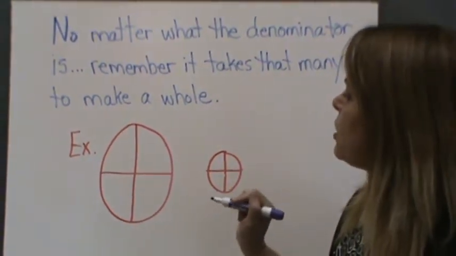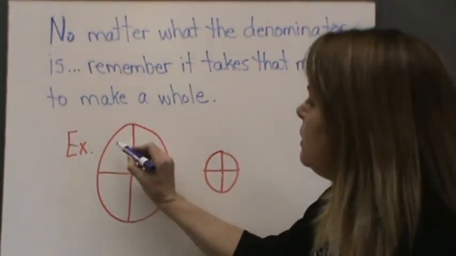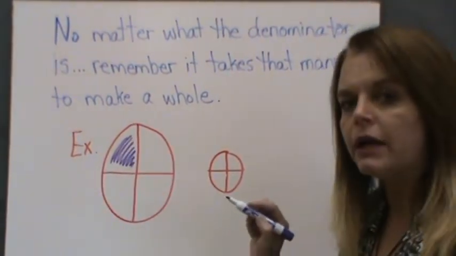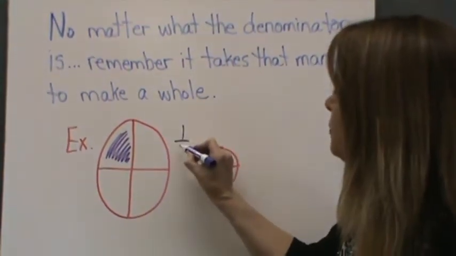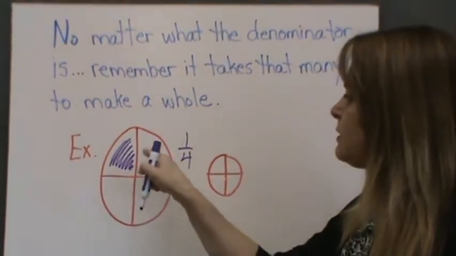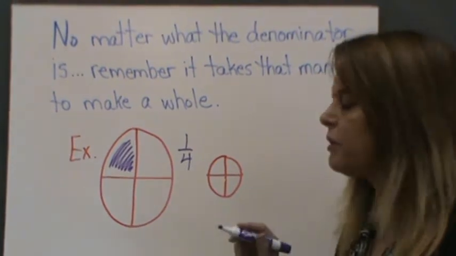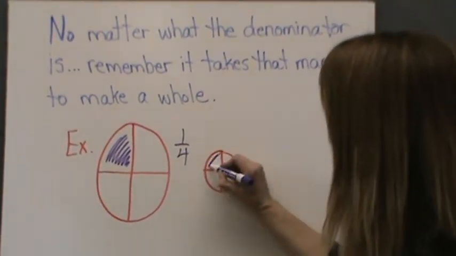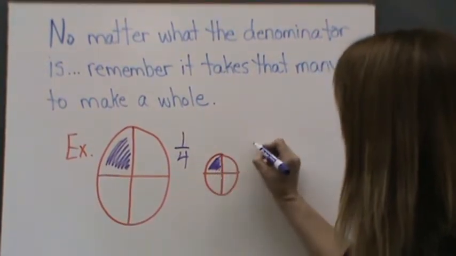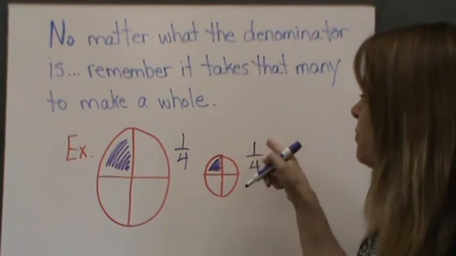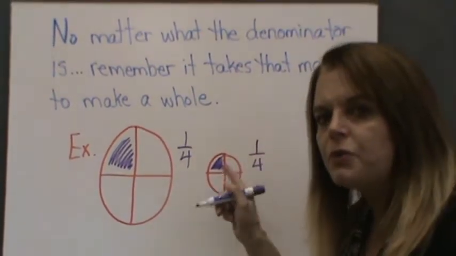What if I wanted to talk about 1/4 of that circle? I could write the fraction 1/4. I'm talking about 1. It takes 4 to make the whole. My fraction's 1/4. And what if I came over to this little circle and I shaded in 1/4? Again, I'm talking about one of them, but my denominator's 4 again.